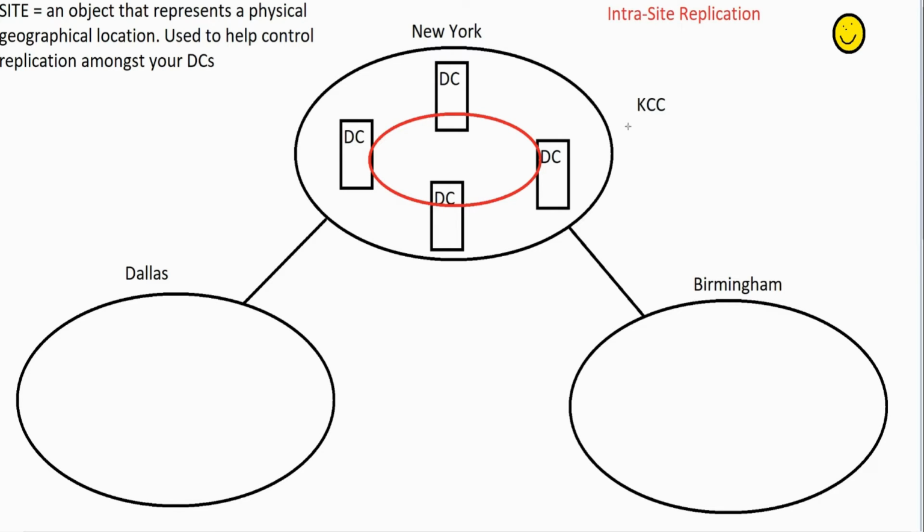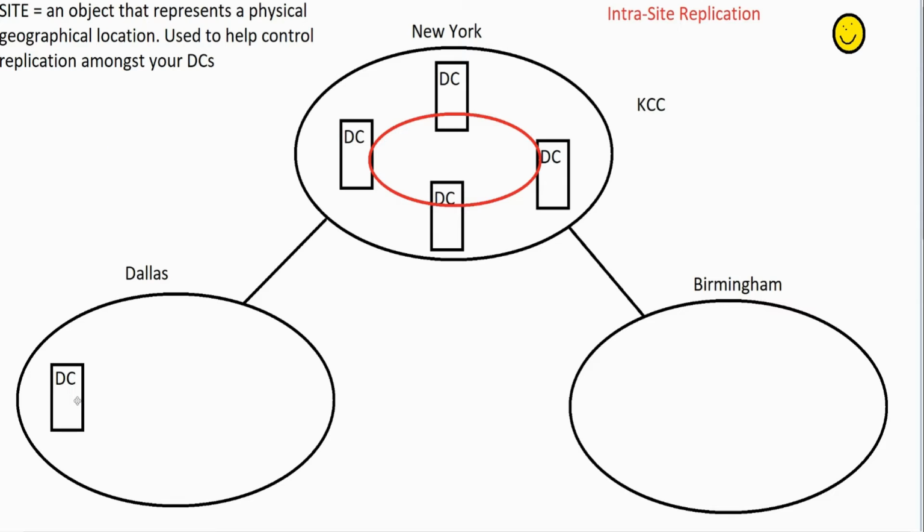Okay, so that is how replication occurs within a site. It occurs very, very quickly. So you can imagine the issue of what happens when you've got domain controllers that are spread out over longer geographical locations. Okay, so for example, let me create another DC here.